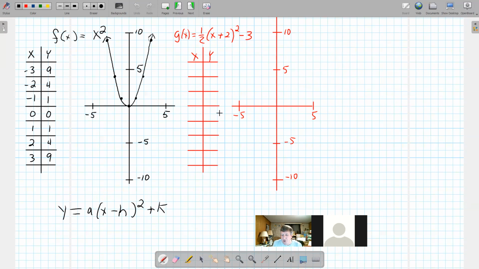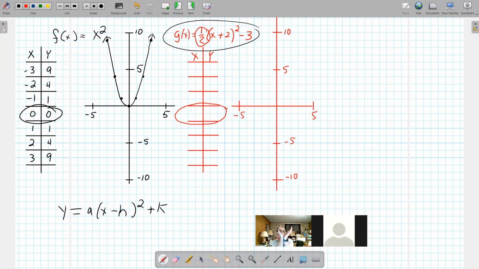And the way that we're going to do that is we're going to start off by putting the vertex of this graph right here in the middle of the table, okay? Now, what does the 1/2 do?